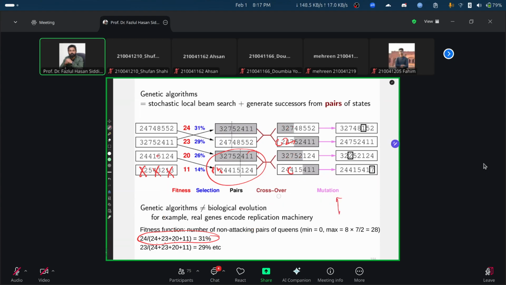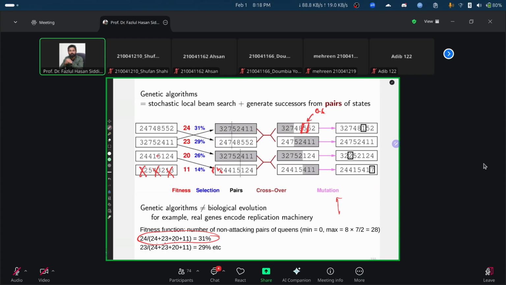So after the crossover, if you pick a child, you can change an allele, means a value of a container. For example, consider the queen number 6.